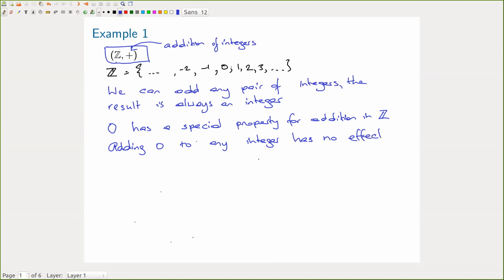Again, that's not news, but maybe it's something we don't always focus on. We say that 0 is a neutral element, or an identity element, for addition of integers.